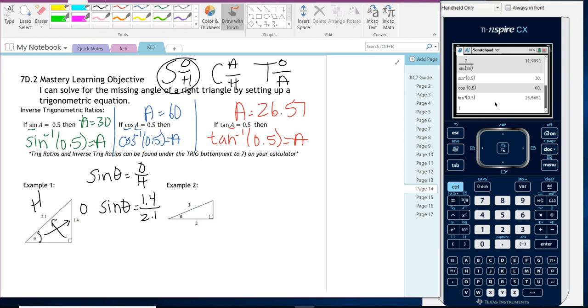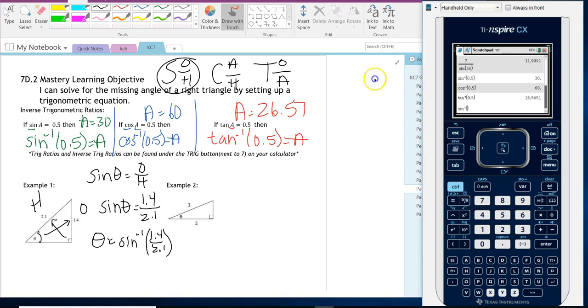So by taking that inverse, that's going to give me my theta. The inverse of sine would be inverse sine of 1.4 divided by 2.1. All right, that is what I'm going to go ahead and substitute in my calculator. So trig, inverse sine of 1.4 divided by 2.1. All right, that's going to give me 41.8.